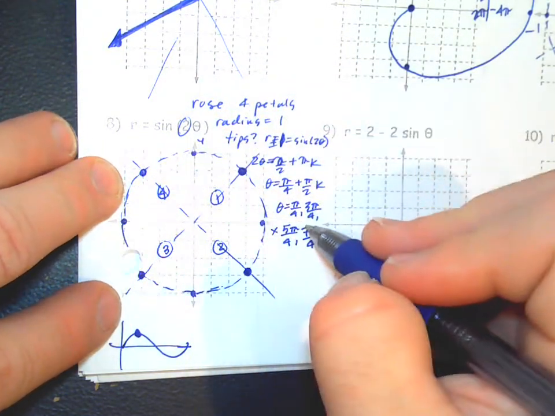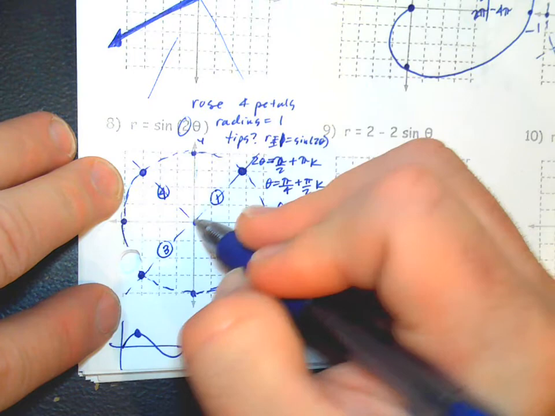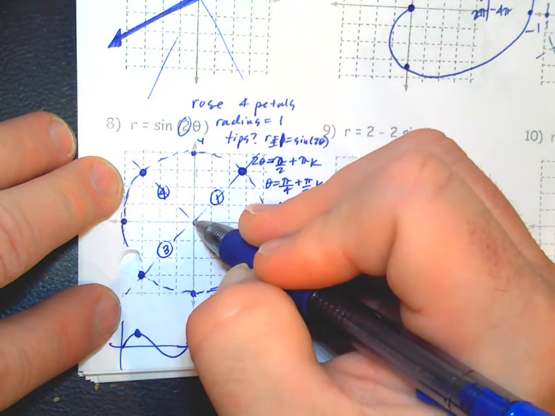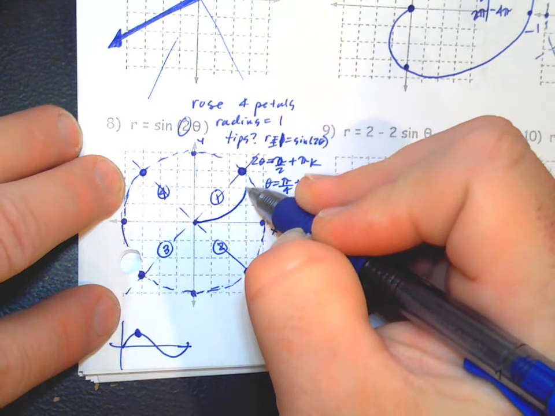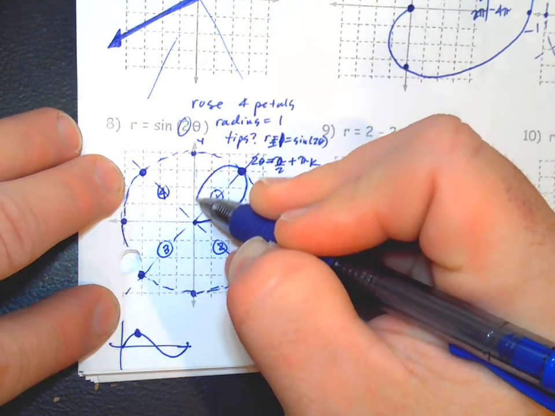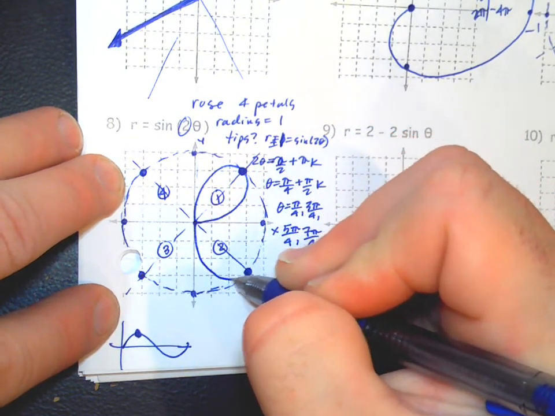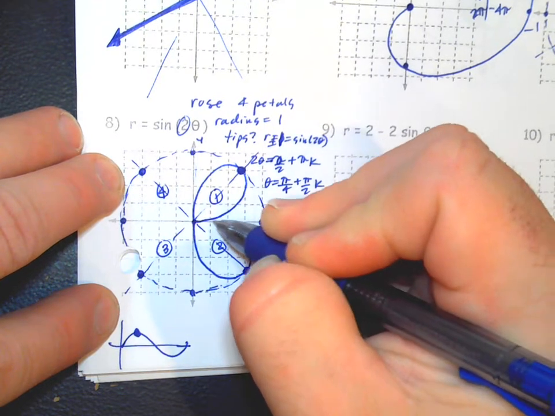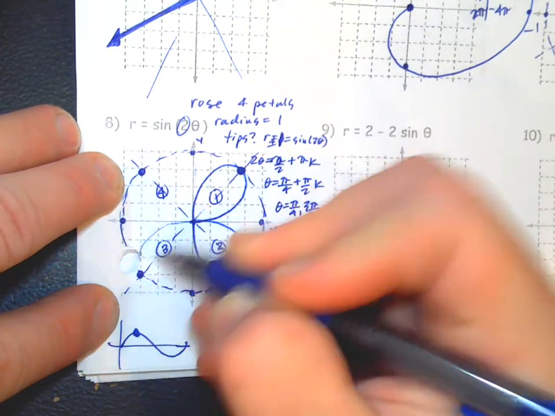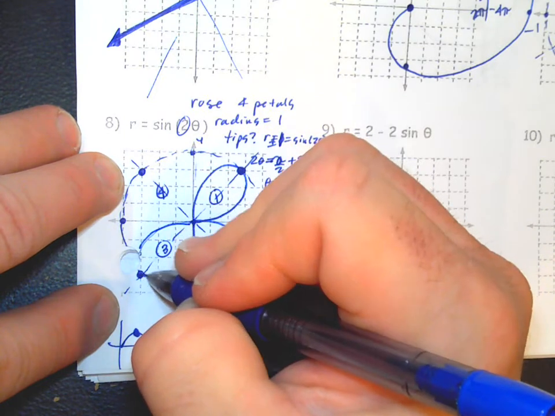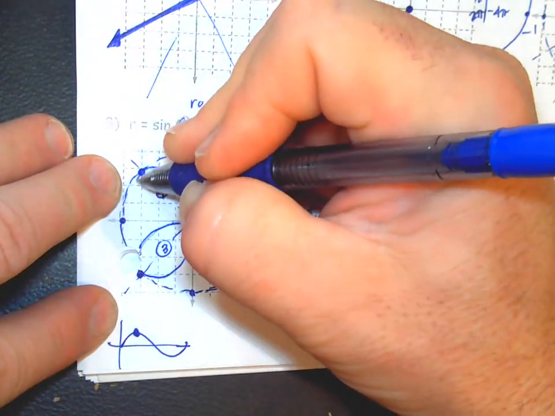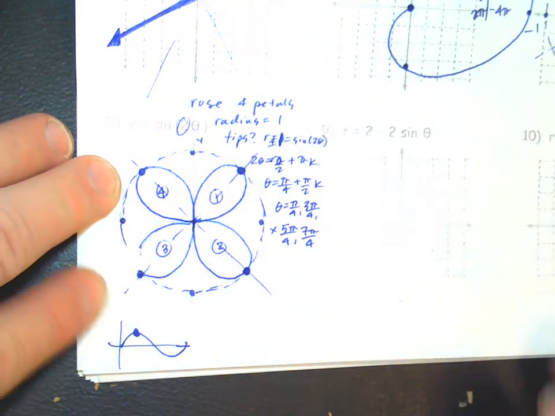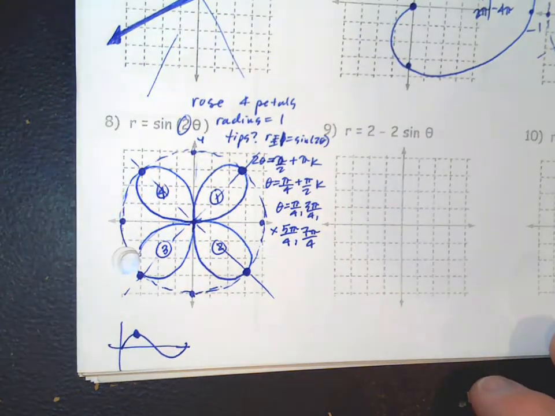So we're starting, if you plug 0 in, you get 0. So we're starting here, and this line right here should be a tangent to your rose petal. So it comes in like that. Goes nicely in. And it looks more like a full leaf clover.